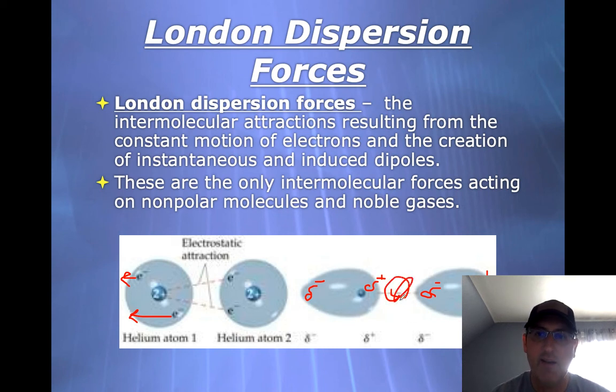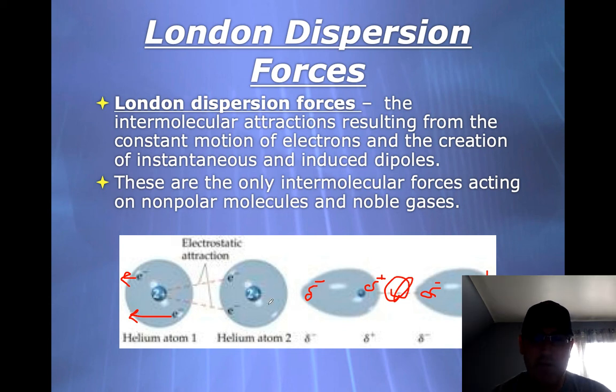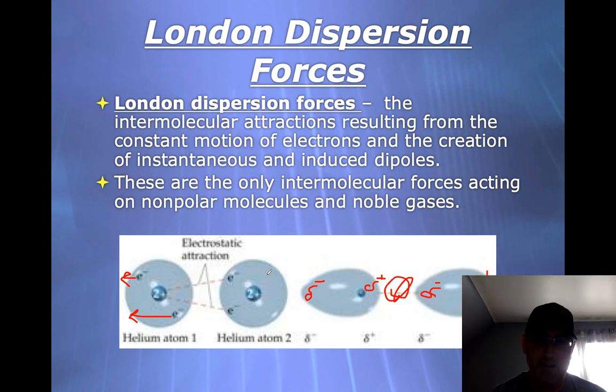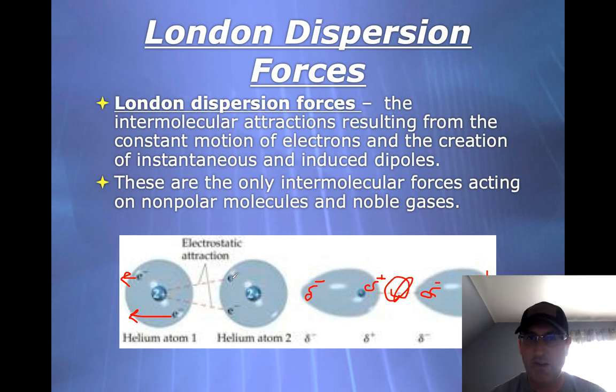This is that London dispersion force. It just happens to occur because this helium atom became polarized instantaneously and caused this nearby one to be induced to become polar, and then they form that attraction. But as the electrons move past each other, this force dies out and then they go back to their nice, normal, neutral, nonpolar states.